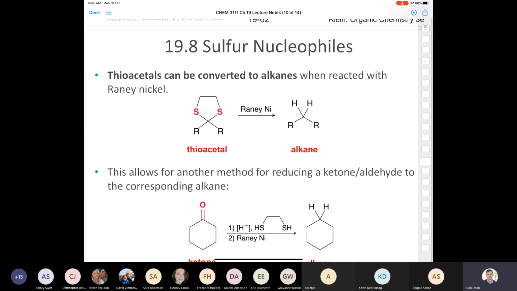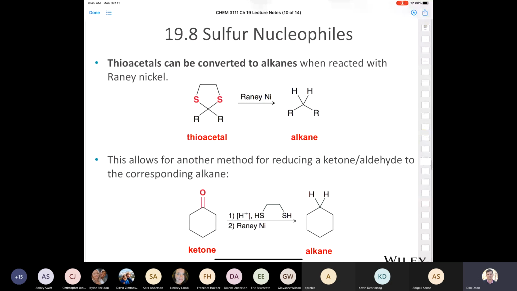So he'd sing, down on the corner, out in the street, Willie and the Poor Boys were playing, Raney nickel can't be beat. I think the real lyric was something like bring a nickel, tap your feet, but he said Raney nickel can't be beat. Anyhow, funny guy. But I think he was probably an expert in using Raney nickel because he had used it a lot in grad school.